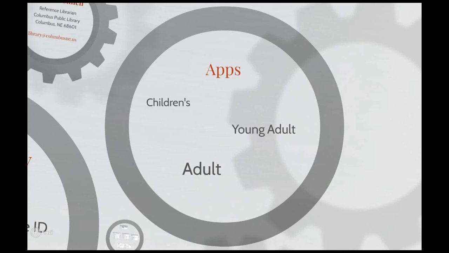Which brings us to apps. And of course, there are so many apps from which to choose. There's no way I could talk about all the ones that are available. But we add more every so often. We started with just our library apps, like Mango and Overdrive, Freegal Music, Zinio, on all of the devices, because those are resources that we subscribe to, and they have apps.